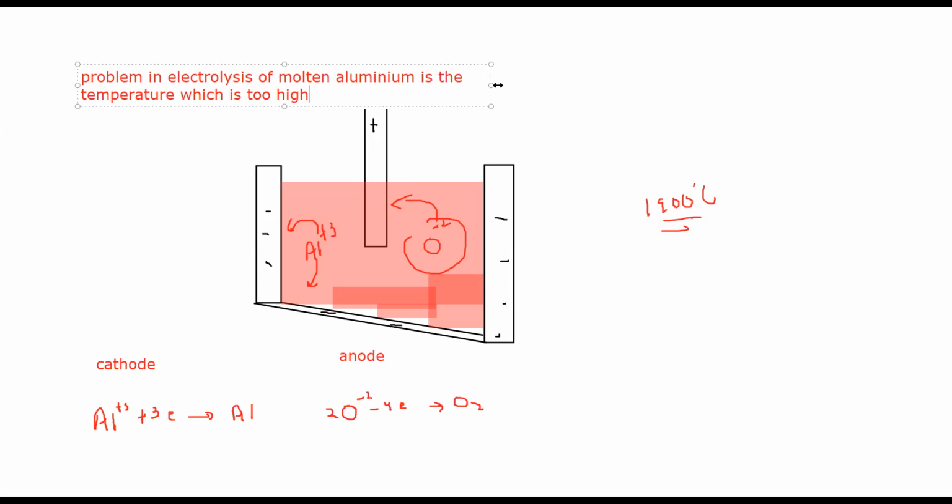So how can I reduce the melting temperature? Because to melt aluminum oxide, I should supply too much energy or maintain a temperature of 1900 degrees centigrade. So what should I do to lower the melting temperature?